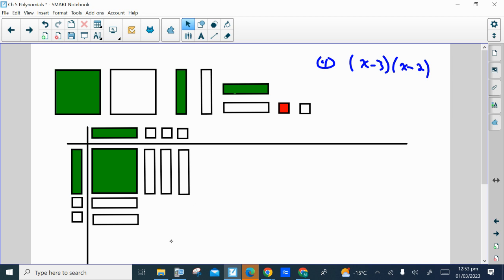But the remaining spaces will all be found by multiplying a negative times a negative. They're all going to be positive tiles because you're multiplying a negative on the side by a negative on top. A negative times a negative is a positive. And again, each of these shapes will be the same width as what's above, the same height as what's to the side.